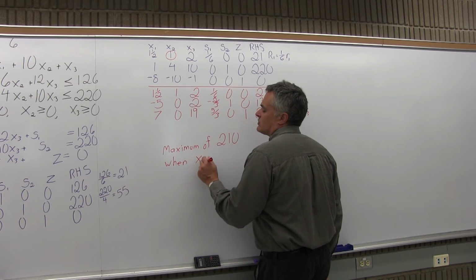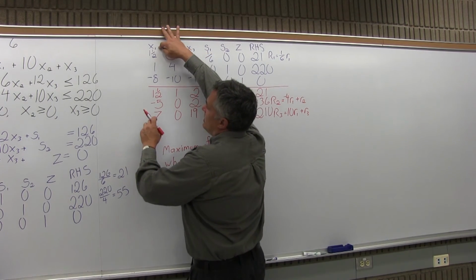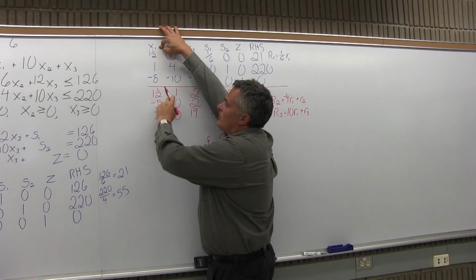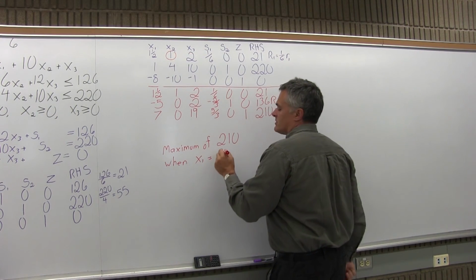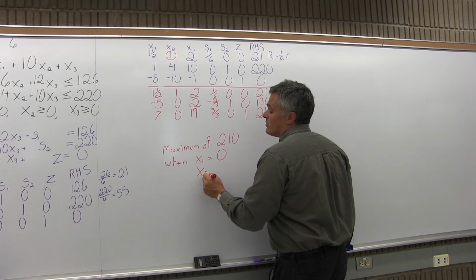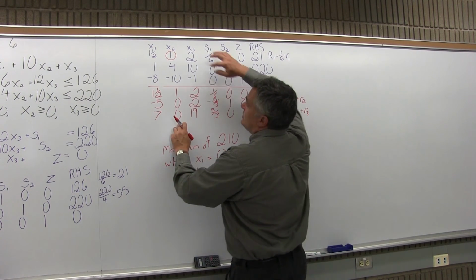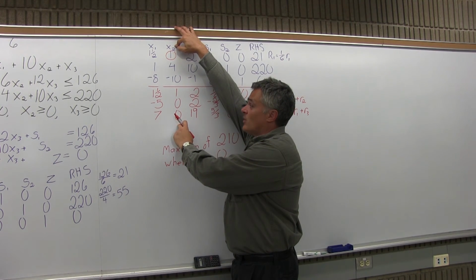when x1 equals. Now my final tableau, when I look in the x1 column, I'm looking to see if I have a special column of all zeros and a single one, which I do not have. So the value of x1 is 0. x2, when I look in the x2 column of my final tableau, I do have a special column of all zeros and a single one.